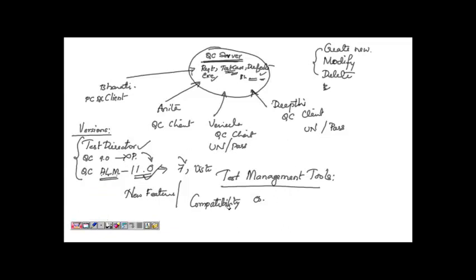Okay. So ALM is nothing but Application Life Cycle Management. It is a name. What is this again? Application means what? Software.